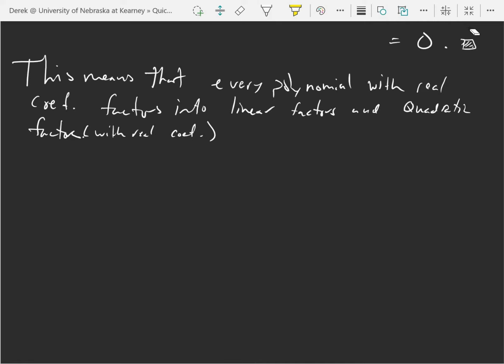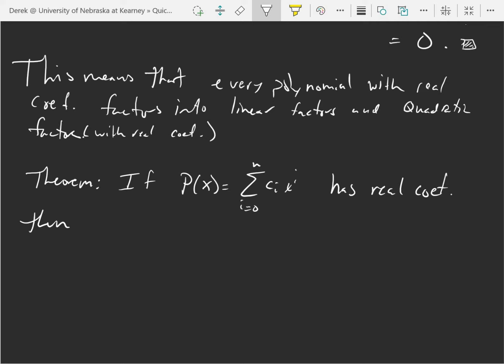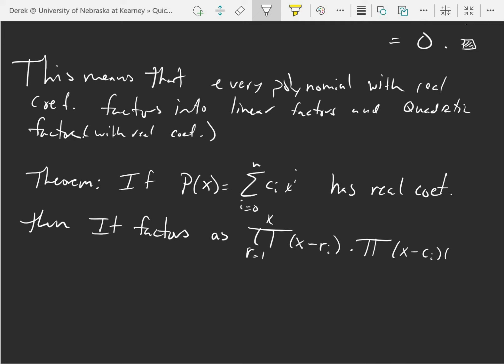So the theorem is going to be: if p of x equals the sum of c sub i x to the i, from i equals 0 to n, has real coefficients, then it factors as the product of x minus r_i, i equals 1 to k, times the product of x minus c_i, x minus c_i bar, from i equals 1 to j.